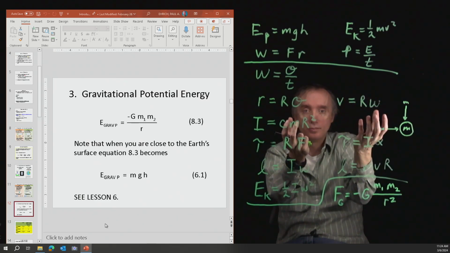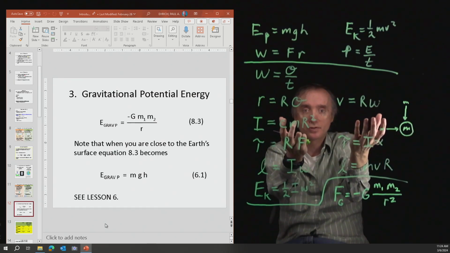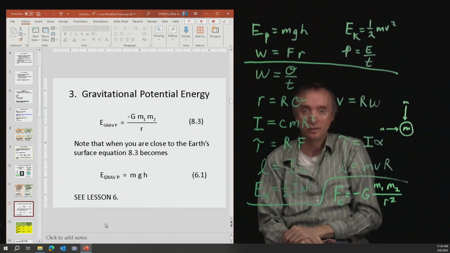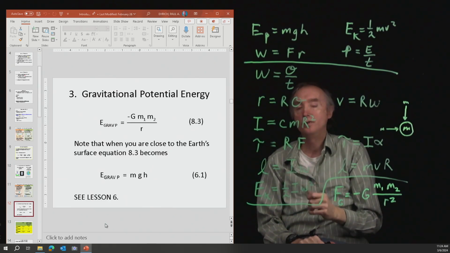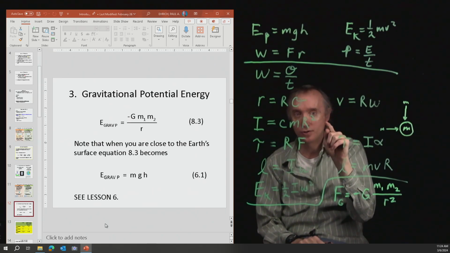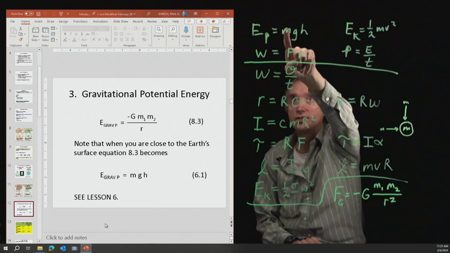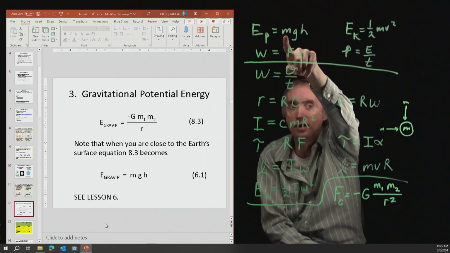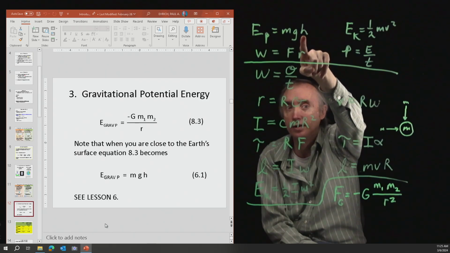And so depending on the distance and the masses, they're going to have a certain amount of potential energy in that configuration. Now, when you are close to the Earth's surface, however, equation 8.3 becomes this equation up here. Now, you still have the mass of one of the objects, and you still have the distance between them.